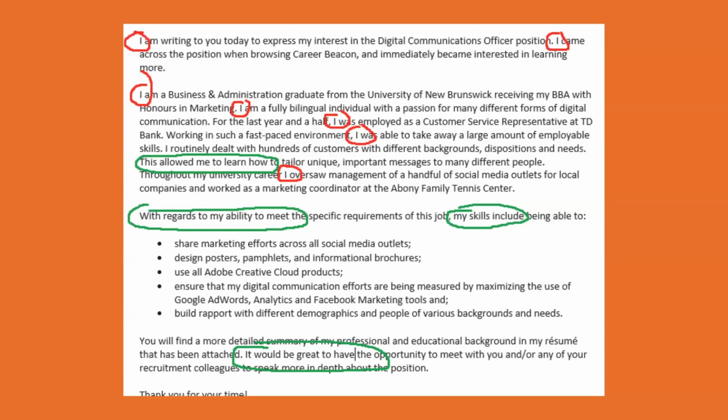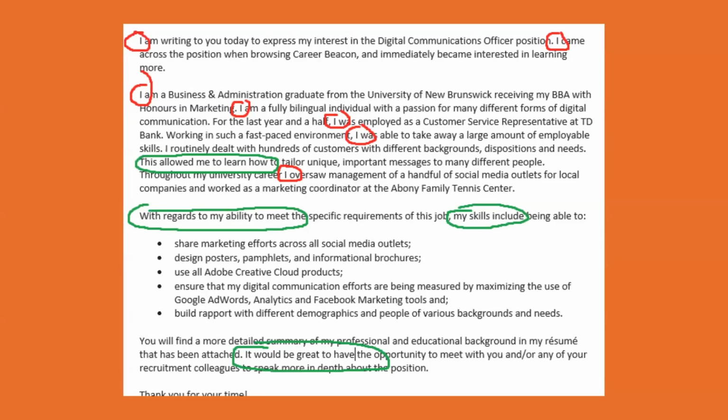It's very hard to not use I in a letter that you're addressing that covers your background, right? It's very difficult. You'll find it as you write these that it's almost impossible to not include them. I'm not asking you to not use them. I'm asking you to use them as little as possible, okay? So I am writing, I came, I am, I was, okay? I oversaw.